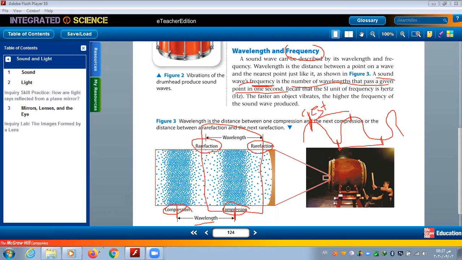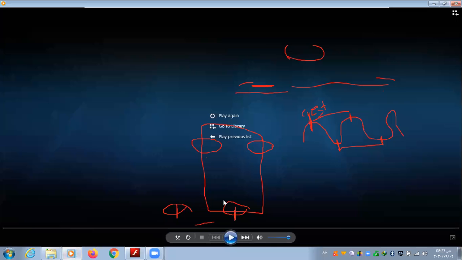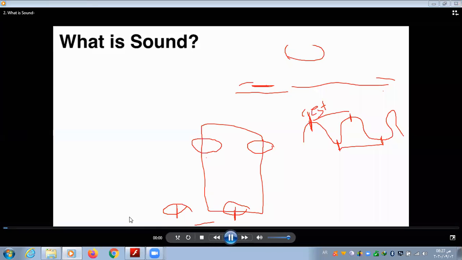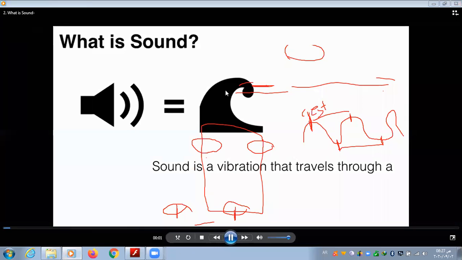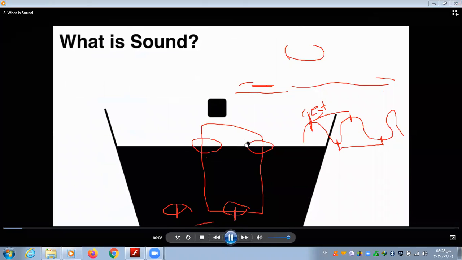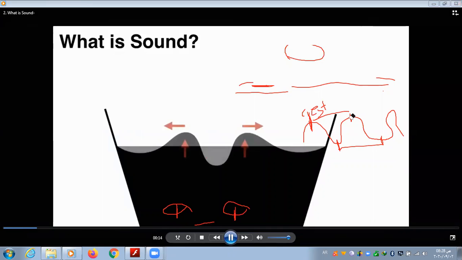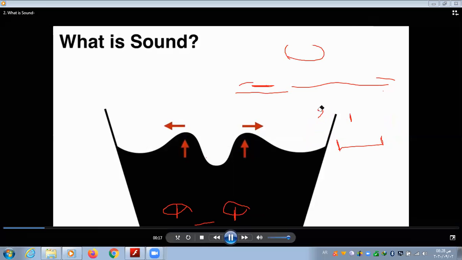Okay, Shabab. If we move back to the video, we can find what I'm talking about here. Waves travel through a medium, like air or water. If you drop a rock into a bucket of water, you disturb the surface and create ripples or waves which travel away from the impact. The ripples cause the height of the water to change, going up and down, as the wave moves away from the splash.